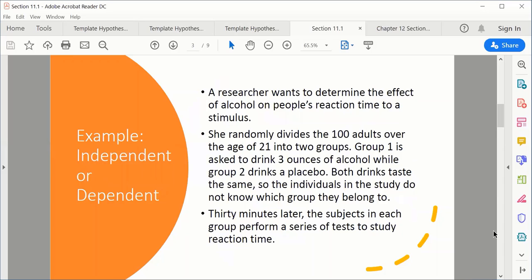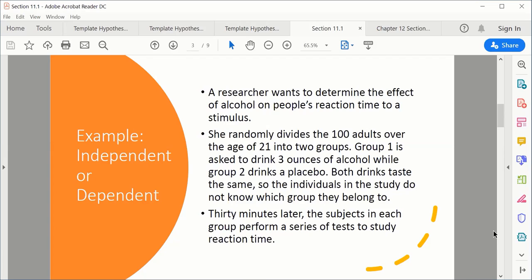So some examples, independent or dependent. A researcher wants to determine the effect of alcohol on people's reaction time to a stimulus. She randomly divides 100 adults over the age of 21 into two groups. Group 1 is asked to drink 3 ounces of alcohol, while Group 2 drinks a placebo.